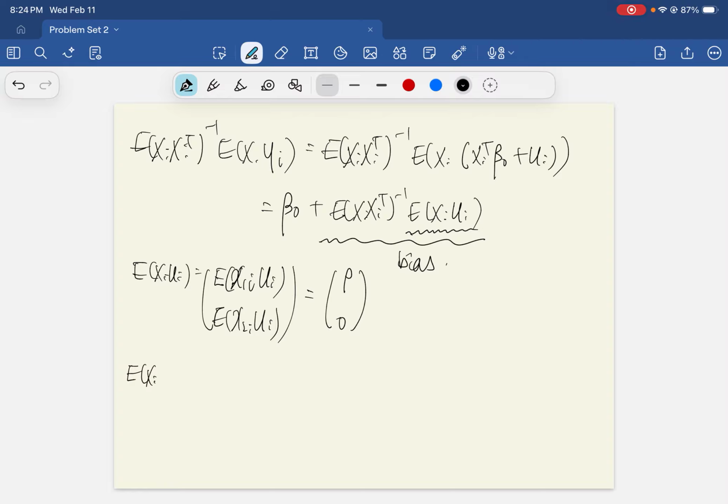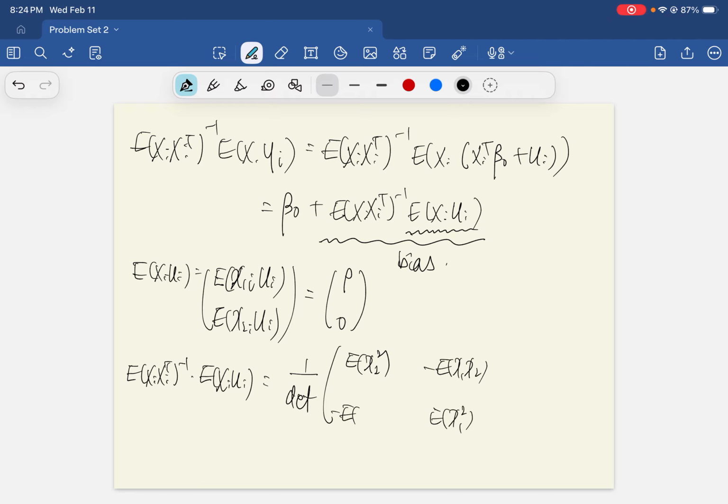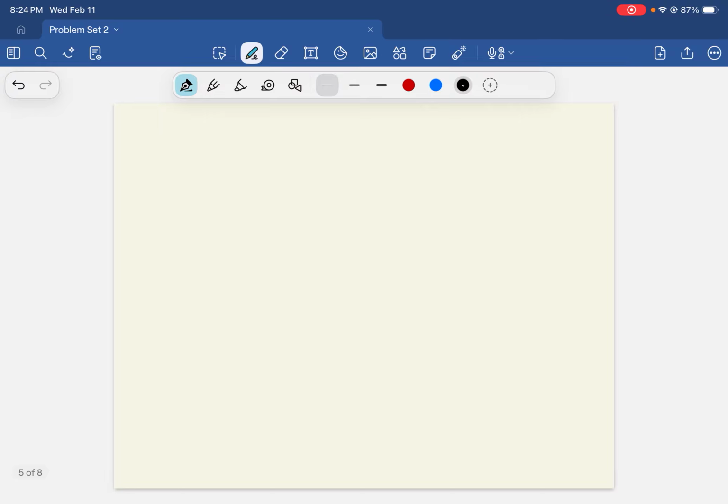So the expectation of x_i x_i transpose inverse times the expectation of x_i u_i is one over the determinant times the matrix with expectation x2 squared, minus expectation x1 x2, times rho and 0. This is much easier to calculate.